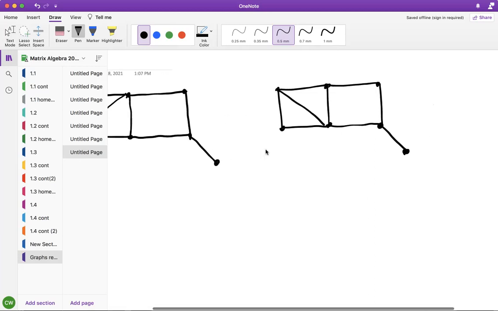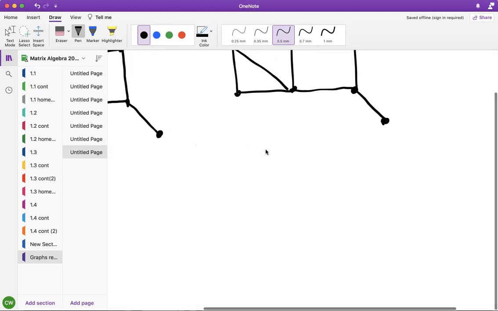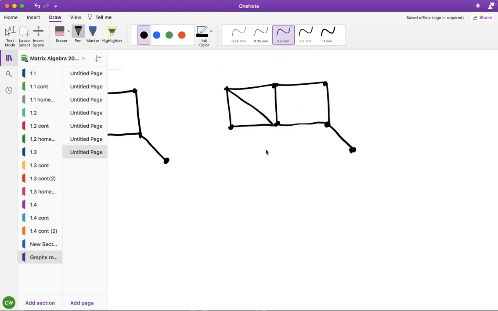For this right one, I'm going to focus on thinking about, from G to E, how many length 2 paths are there?